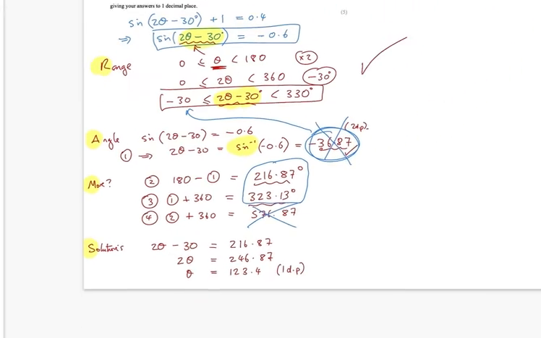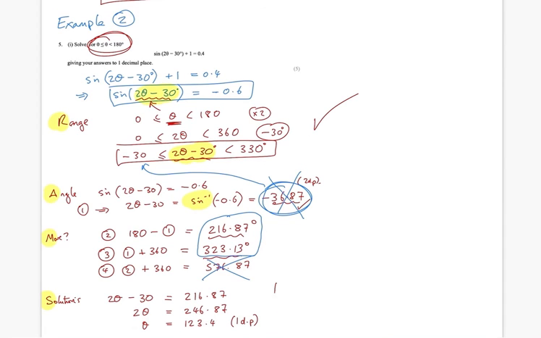Okay, and let's just do this again for the other solution. So 2 theta minus 30 equals, what was my other solution? 323.13. So 2 theta equals 353.13, and theta equals, well, 353.13 divided by 2 equals 176.6 degrees, again to 1 decimal place, and you should always write that.